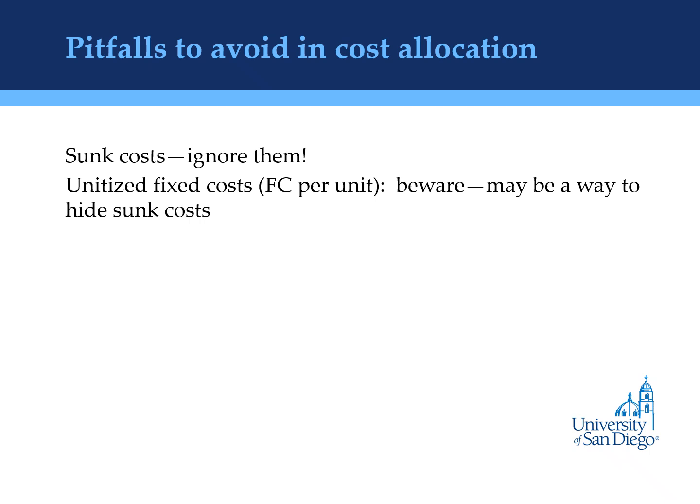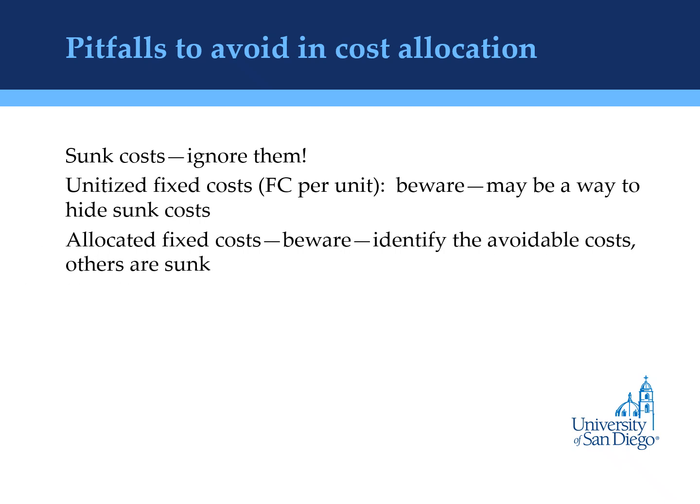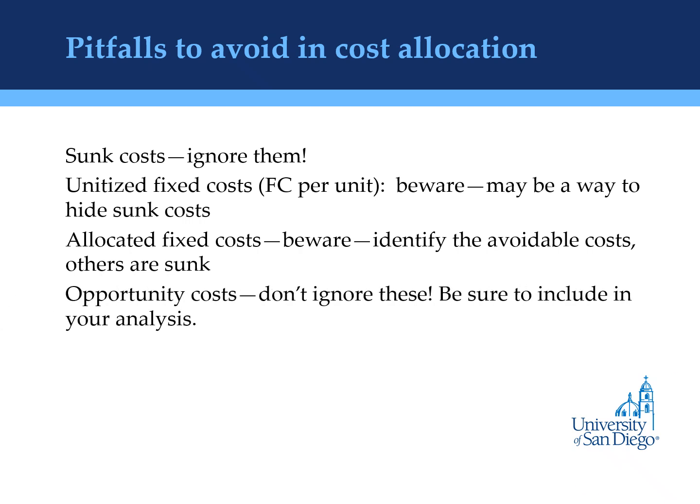Those are costs that are incurred by a supplier, for example, regardless of whether you buy from them or not. Allocated fixed costs, again, identify those things amongst the fixed costs that are avoidable, not the sunk costs.